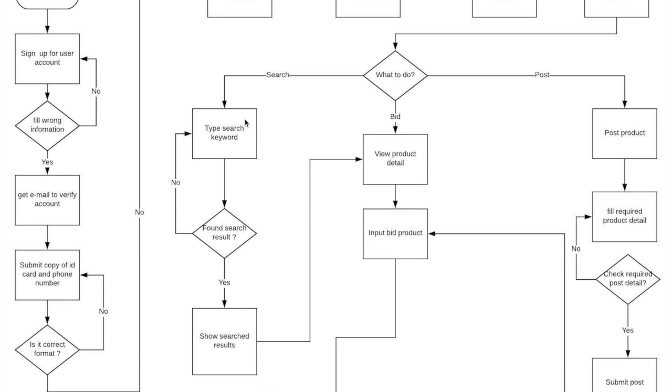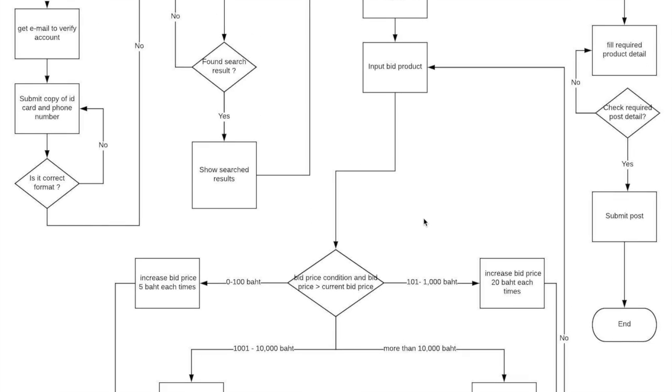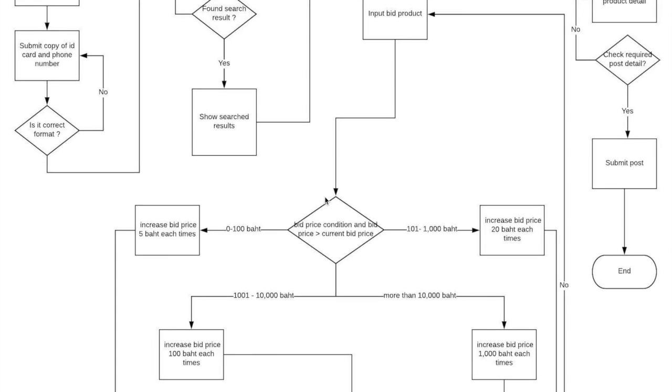If they want to search, they have to type a search keyword, and if they find a result, it will show the search result. And if they want to bid, they have to view the product detail and input the bid price, and it will show the bid price condition, where the bid must be more than the current bid price. If the user inputs a bid price between 0 and 100 baht, it has to be increased 5 baht each time.